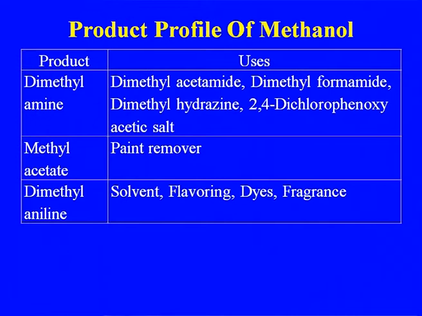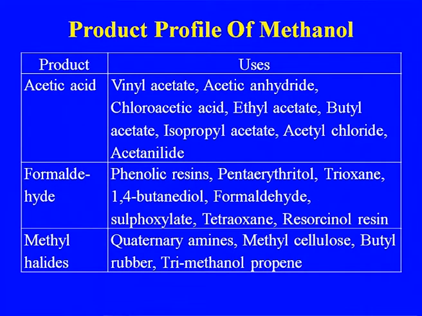Then dimethylamine, dimethyl acetamide, dimethyl formamide, dimethyl hydrazine. Actually, you see the fertilizer plants, they are making some of the amines also. Methyl acetate, paint remover, dimethyl aniline, these are all the products we are getting from the methanol. Then the acetic acid, and formaldehyde.